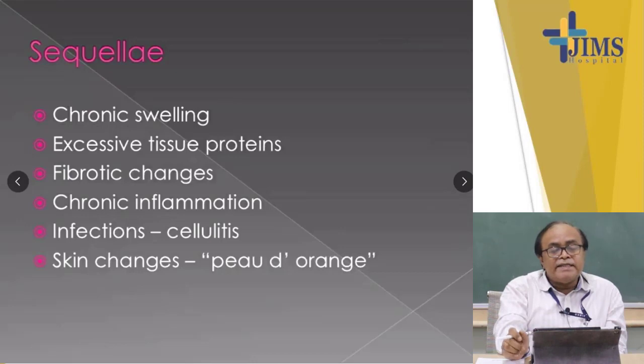So, when there is excessive collection of fluid in the spaces, chronic swelling occurs, and excessive tissue proteins bring fibrotic changes, as fibroblasts grow. The tissue is prone to repeated infection, called chronic inflammation, infections, cellulitis, and skin changes.